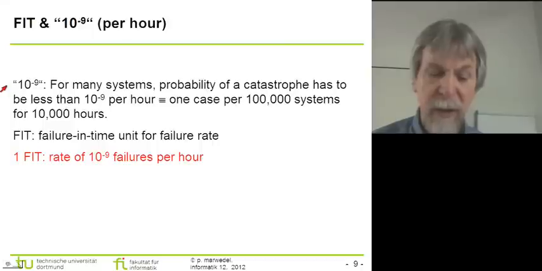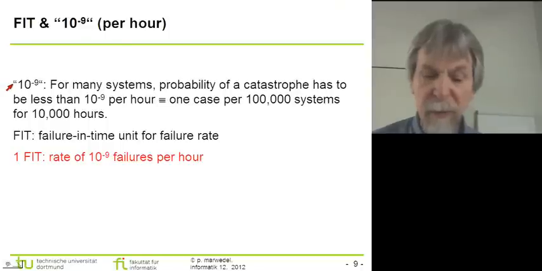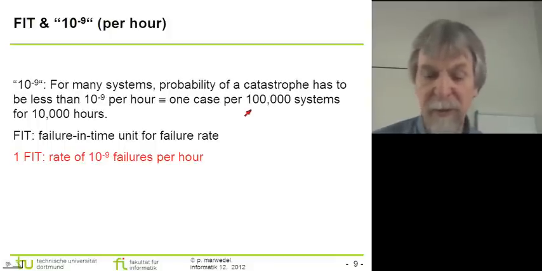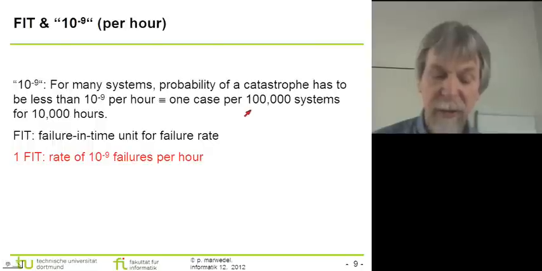There are quite a number of systems for which it is required that we achieve a failure rate of not more than 10 to the minus 9th per hour, and that would mean that for such a system we would be talking about one catastrophe on average per 100,000 systems, each running for 10,000 hours.